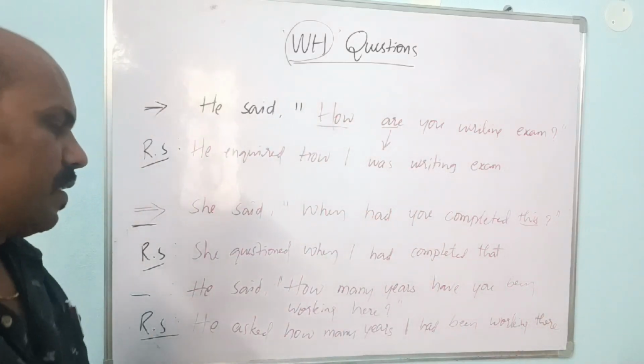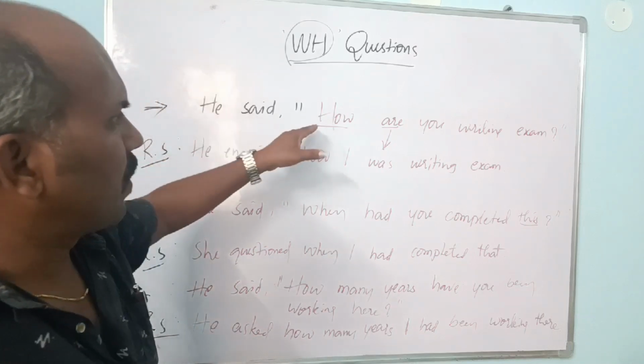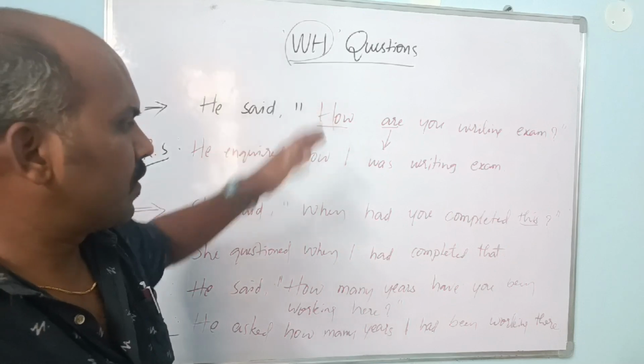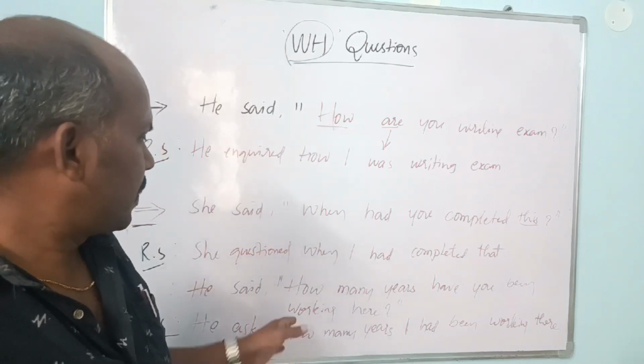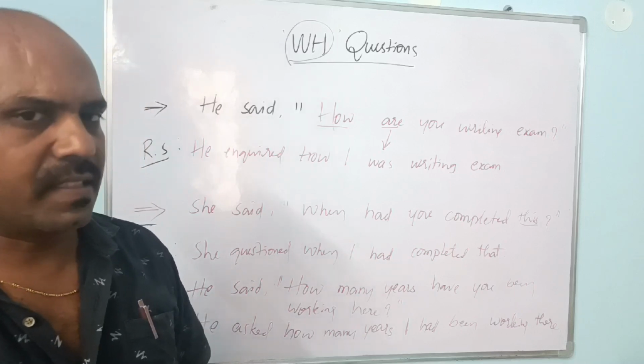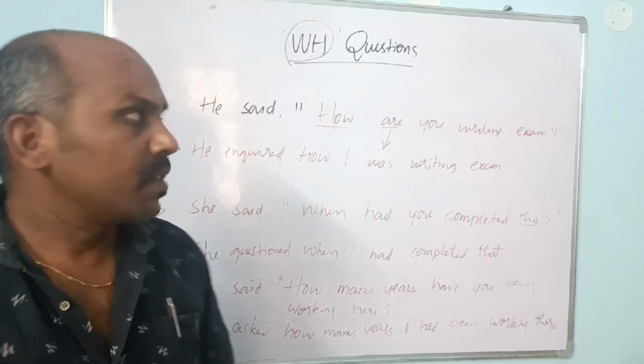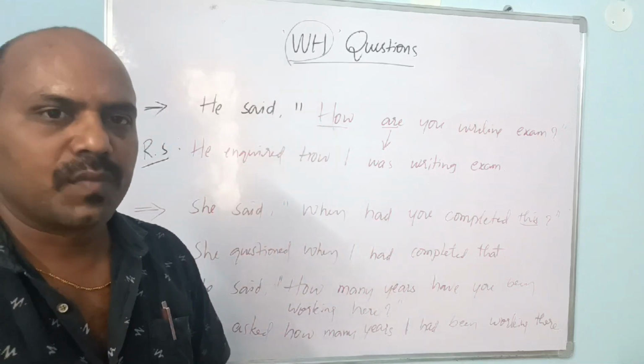How many years I had been working there. So here are examples of present continuous, present perfect and present perfect continuous tense. These three are. So up to now we have learned 6 examples on WH questions, right?